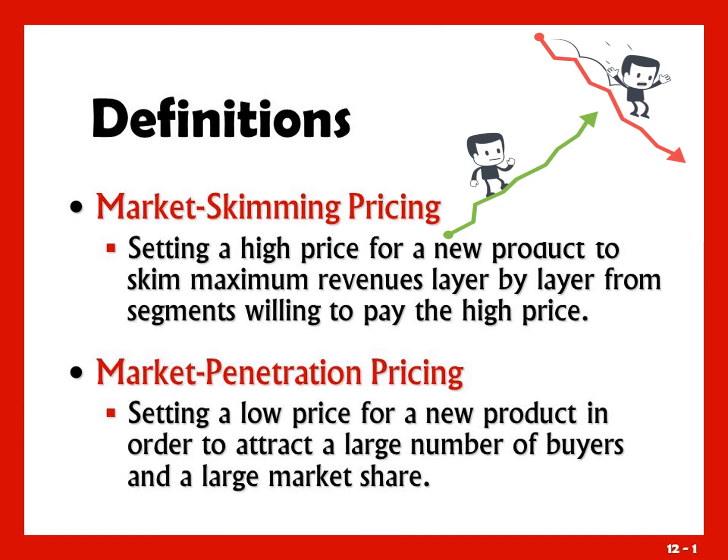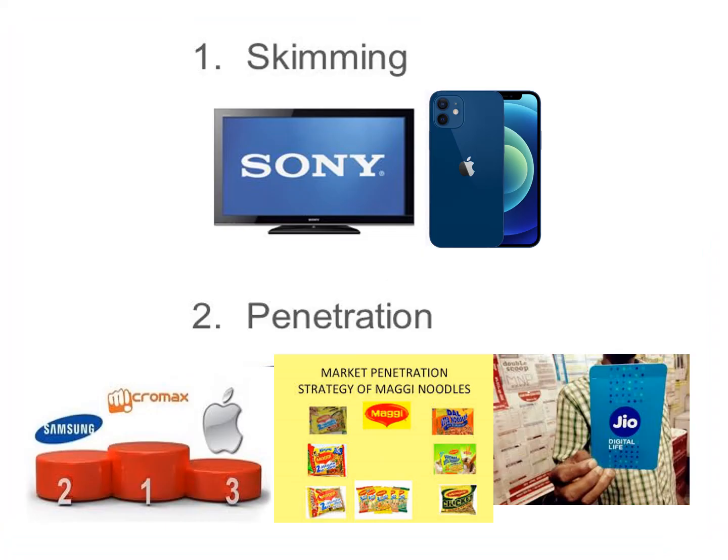Whereas penetration price is the opposite in nature: they set a low price initially to attract customers or to make them habituated to the product, and later, based on the people attracted to the product, they increase the demand or price. These are the two methods, skimming and penetration.